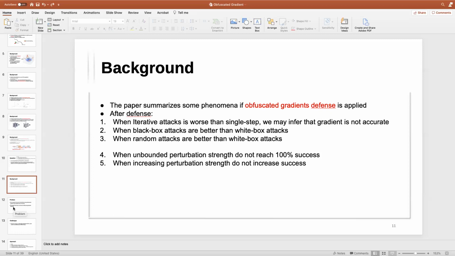We can know what ReLU function is used and how they designed the ReLU function, the sigmoid functions, and all the structures, architectures, and weights. So in this case, we can apply static analysis over the whole network to infer whether there's an obfuscated gradient dependence there.